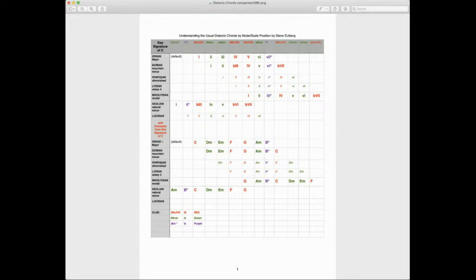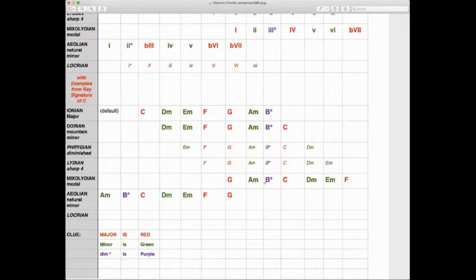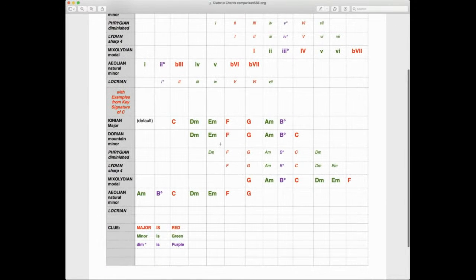Let me go down here to the example from the key signature of C. The Ionian mode starts on C: D minor, E minor, F, G, A minor, B diminished. The notes in here, C, D, E, F, G, A, B, are the same notes that are available for all these scales. But if I start that scale on A, it's going to sound minor.